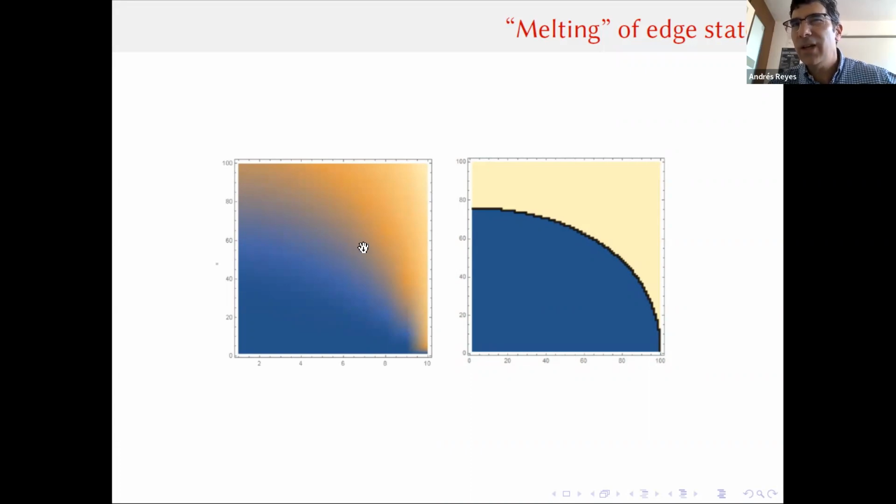So what I have done is to define a quantity that allows me more or less to distinguish whether the edge states are still surviving temperature or not. But you see that the behavior is quite nice. I am calling this melting of edge states because of a paper of Harald Grosse and colleagues from the 80s, where they studied anomalies, and they were asking whether anomalies would depend on temperature or not.